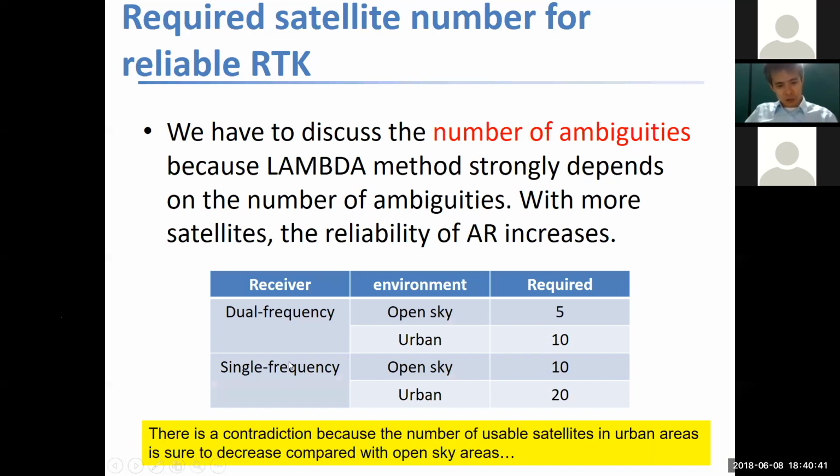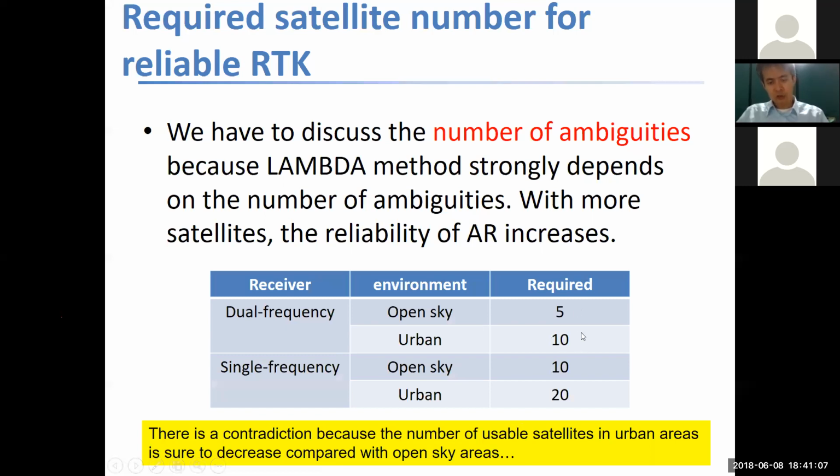On the other hand, single frequency has approximately 1/2 of the ambiguities. Open sky needs 10 satellites and urban area 20 satellites. But there is a contradiction, because the number of usable satellites, which means the number of ambiguities, in urban areas is sure to decrease compared with open sky areas.